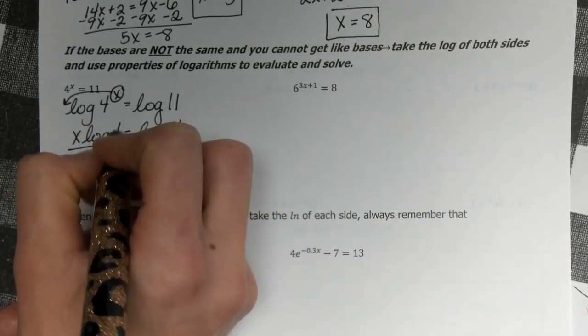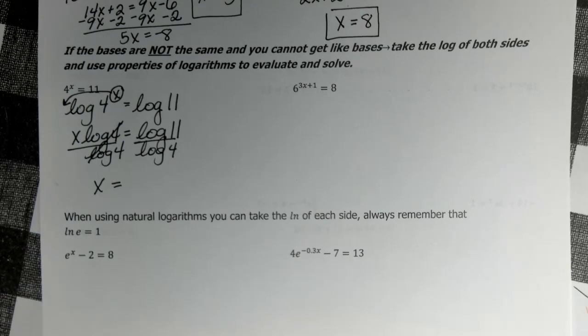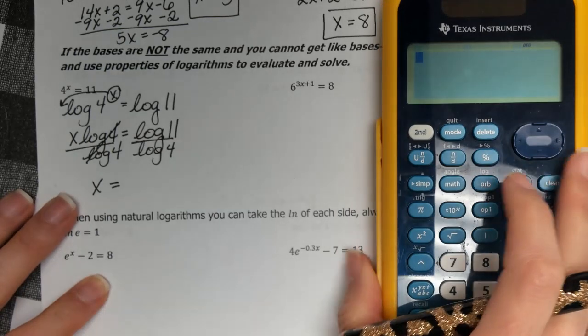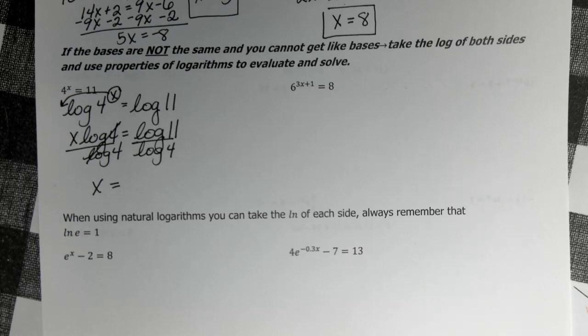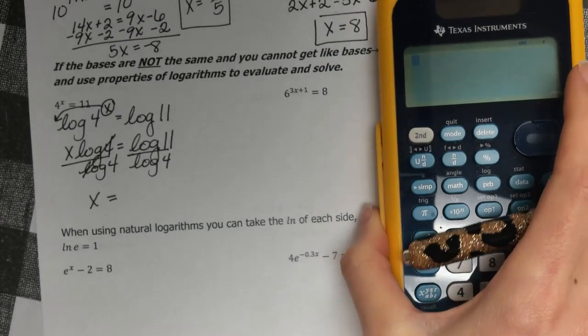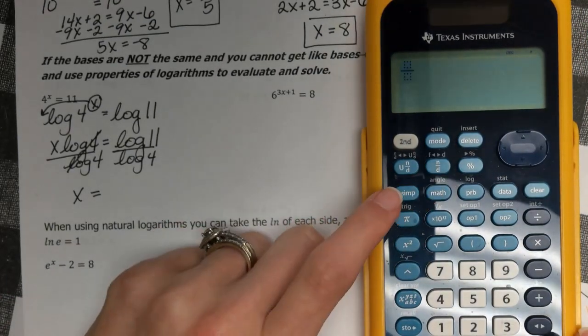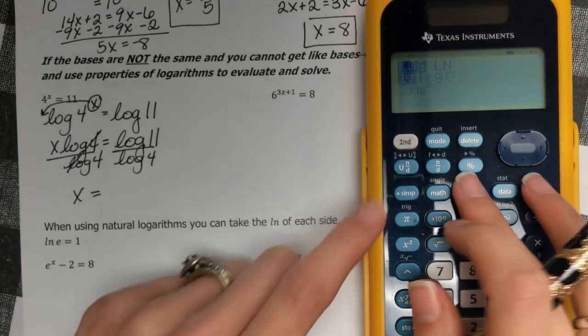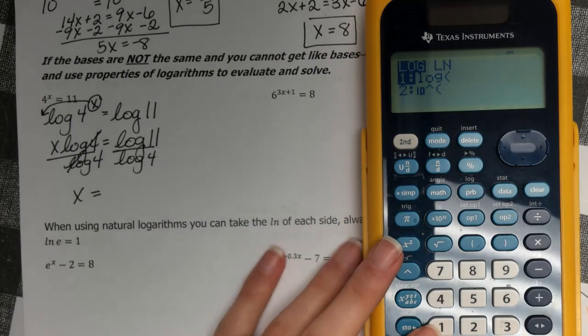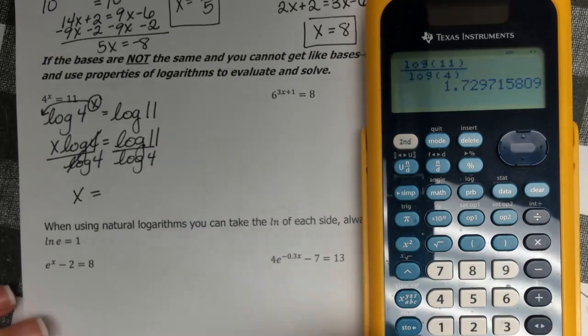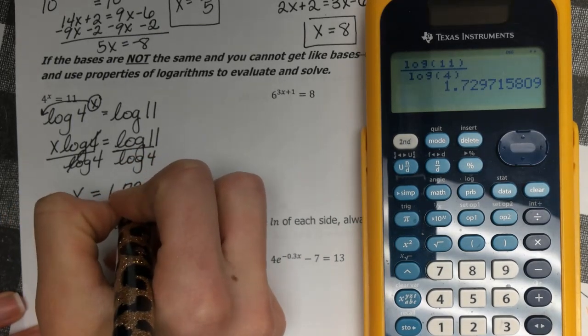So that leaves me with x equals, and I can take my calculator and I can evaluate your log of 11 over your log of 4. So 1.730. Very good.